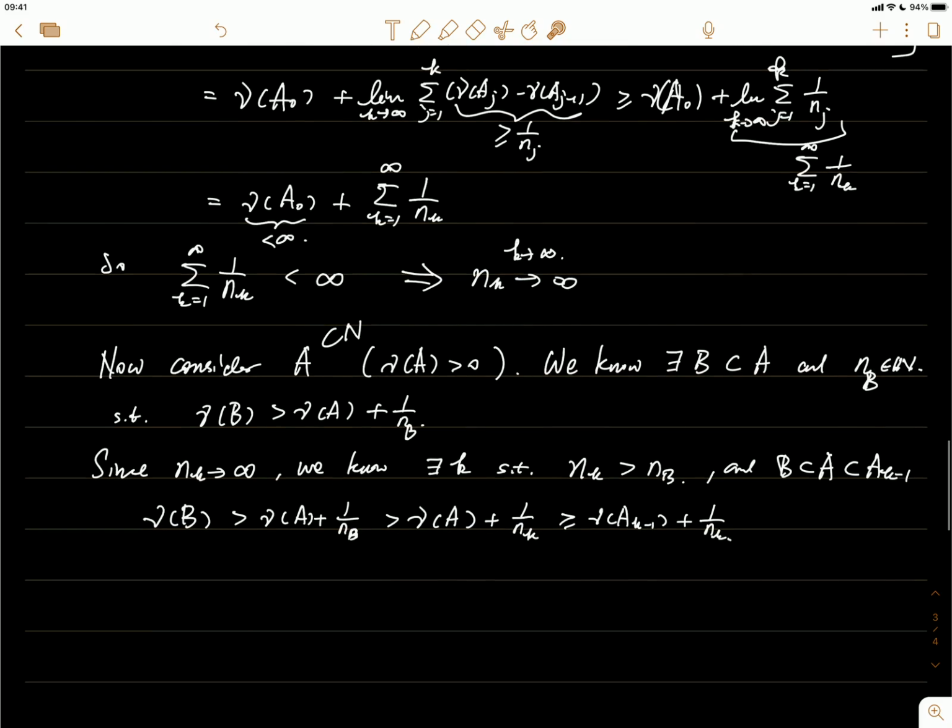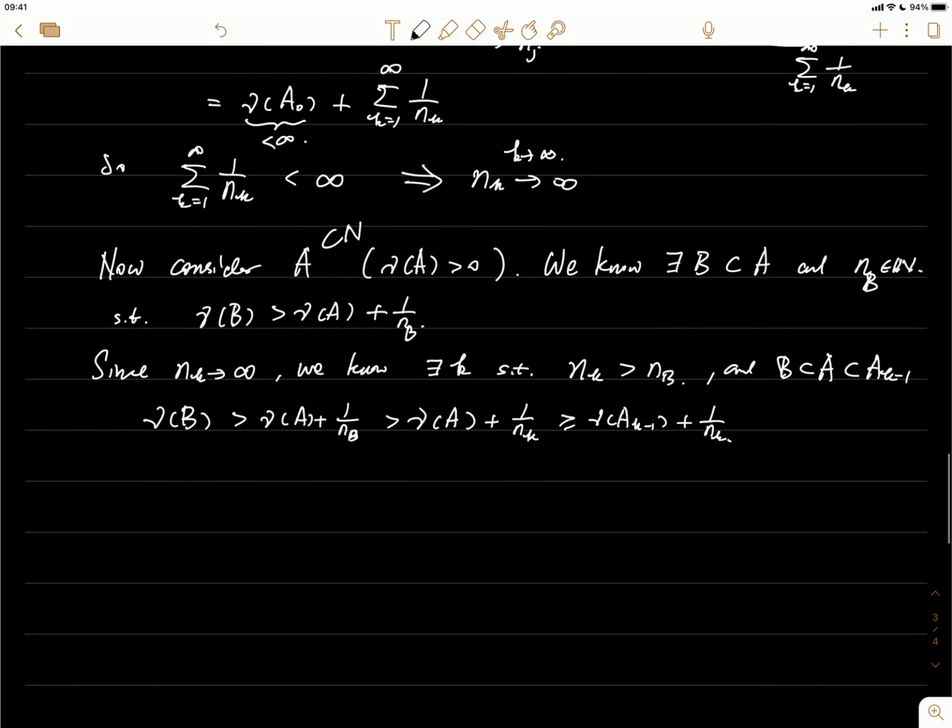So this is a contradiction, which contradicts the choice of nK and this AK.